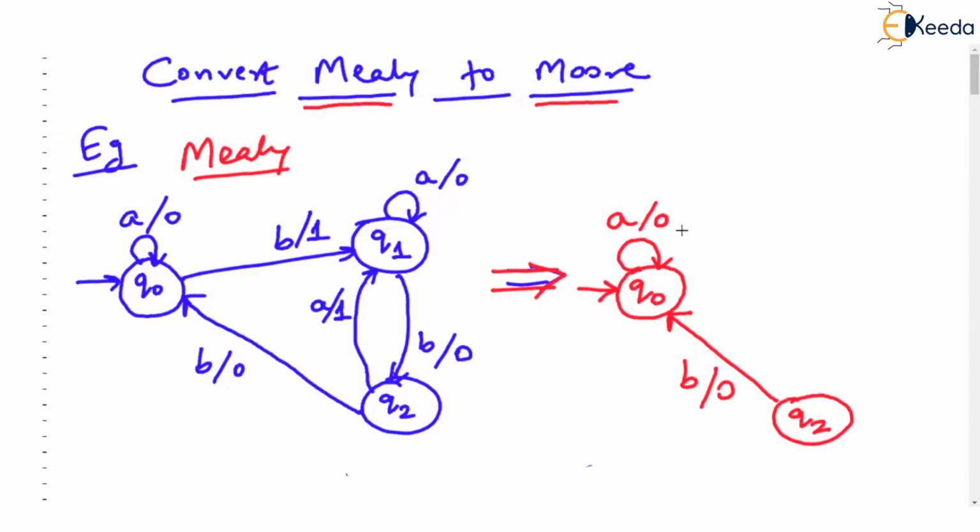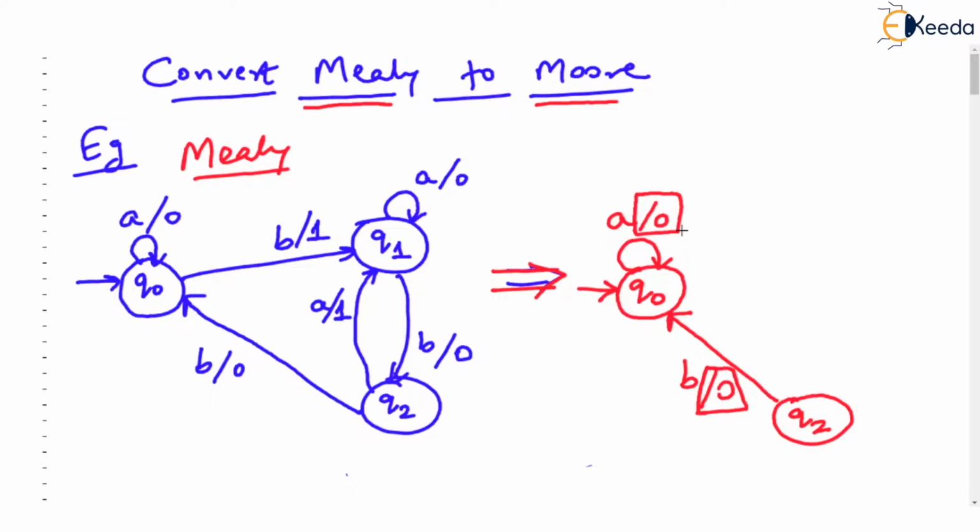I have just drawn the same transitions which were shown in the Mealy machine to emphasize the fact that there are two incoming transitions to Q0, and luckily, both the transitions are labeled with output 0. Check that I am marking the output here. Both the transitions coming into Q0 are labeled with 0. And those are the only transitions coming into Q0.